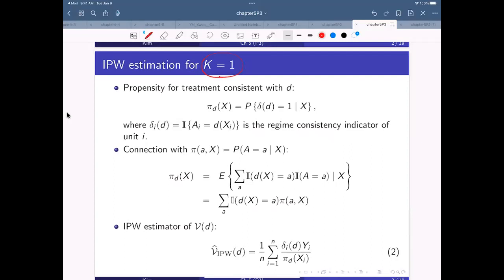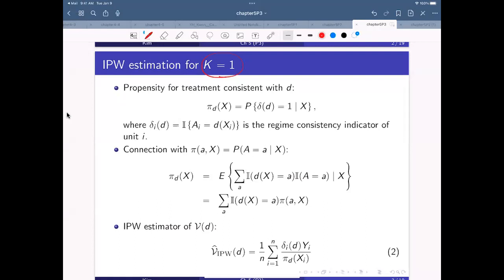Given the decision rule D, we can use X to obtain the option under this regime, and then check whether the option using X is consistent with what we observed in the data.